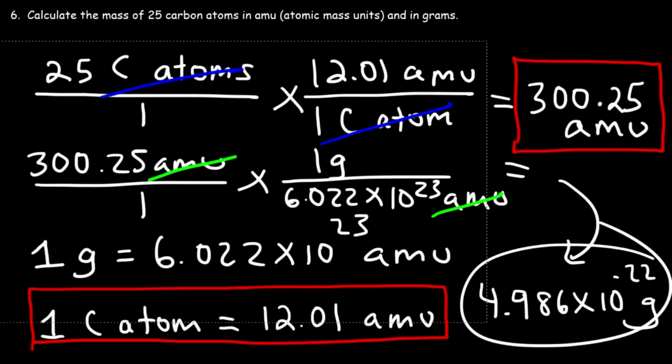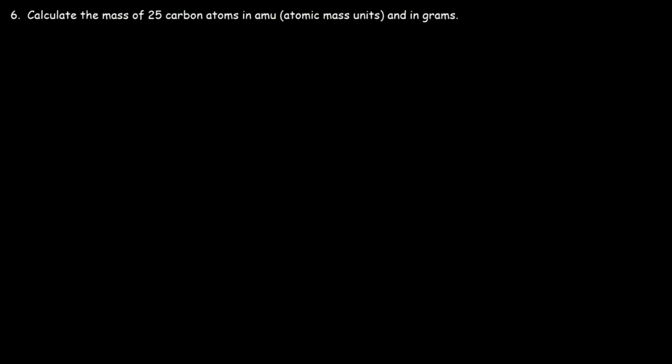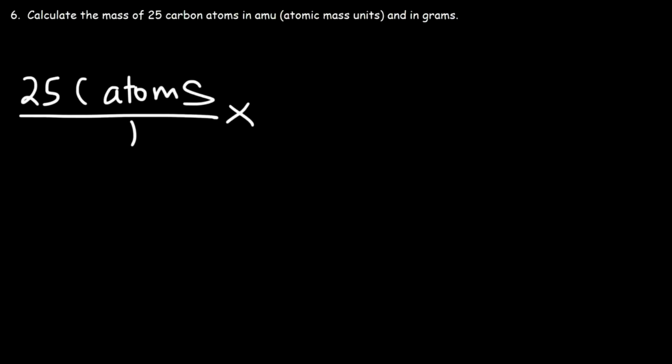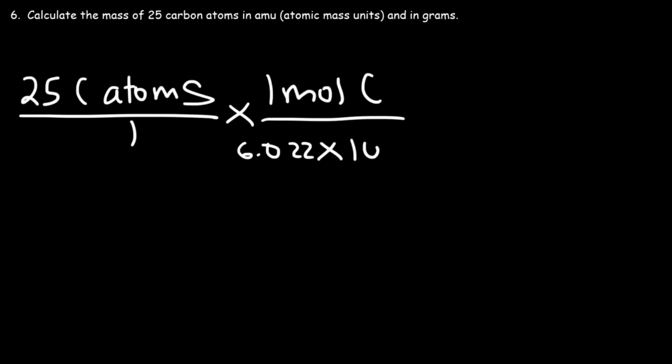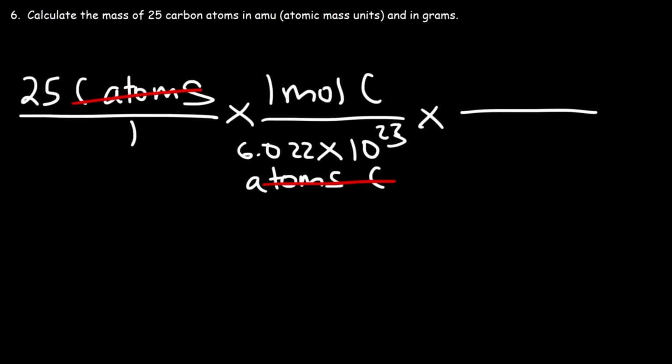Now, another way in which you could have done this problem, let's say if you just want to go from atoms to grams, you could start with 25 carbon atoms, and then using Avogadro's number, you can convert it to moles. So 1 mole of carbon is equal to 6.022 times 10 to the 23 atoms of carbon. So we could cancel these units.